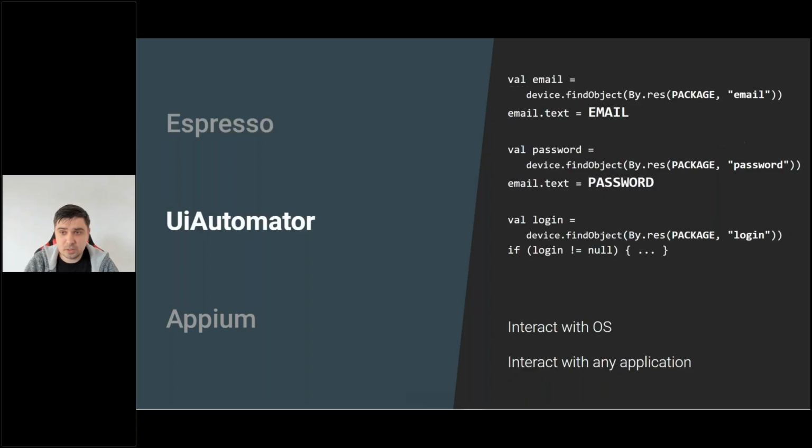Speaking about UI Automator, it can interact with the operating system. You can open any application, and this framework is super helpful when you want to open your messenger and click a link, and this link opens your application.